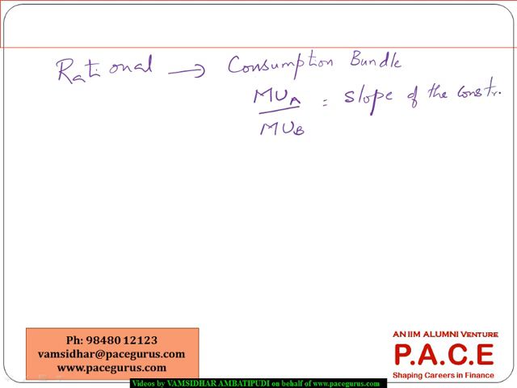So that is where we talk about the tangential behavior. The budget constraint line is tangent to the indifference curve. That would be the obvious choice for the typical consumer. That will maximize his overall utility from the usage of that particular good or service.